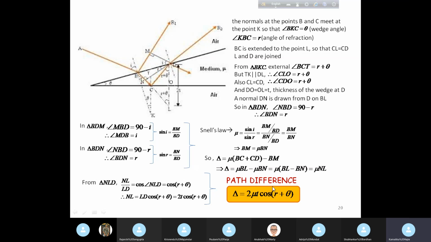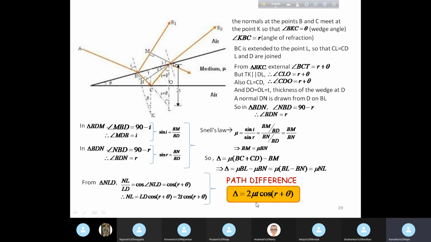Important is that this value depends on mu, t, r and theta, where for a given incident angle r is constant, mu of course is constant, and theta is also a constant for a given wedge. So the only thing that changes in this expression is the value of t. At different positions of the wedge, if you consider the same angle of incidence, suppose it's a parallel beam of rays, the value of t will be different.